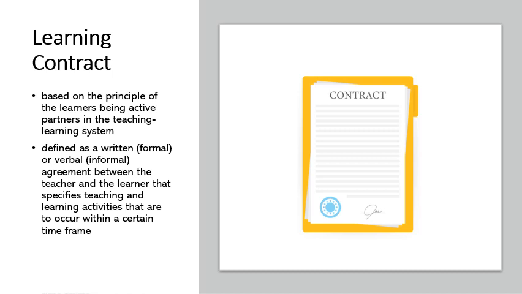A learning contract is a mutually negotiated agreement, usually in the form of a written document drawn up together by the teacher and the learner that outlines what the learner will learn, what resources will be needed, how learning will be achieved, and within what time period, and which criteria will be used for measuring the success of the experience. So I think these have been presented to you during your orientation day in the beginning of this quarter or semester. All right?